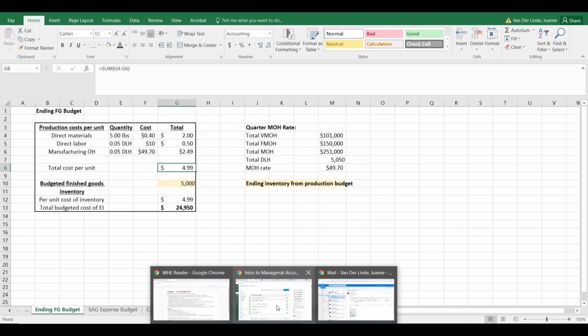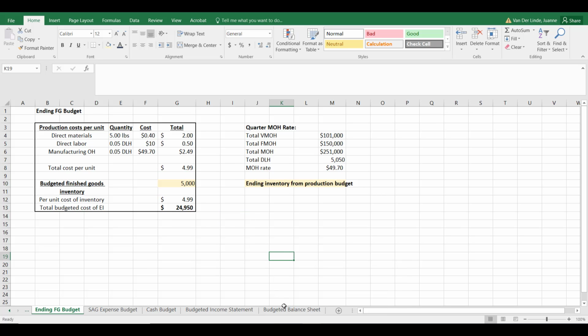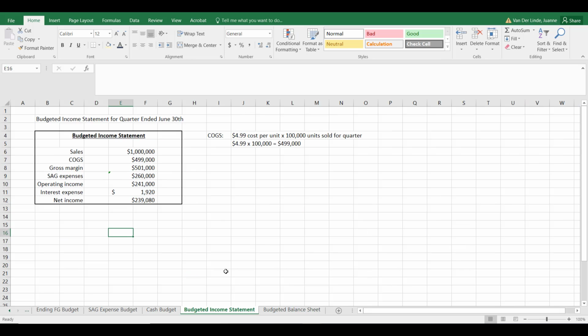And if I know how many units I budget to sell, which is 100,000 units, we can take the $4.99 cost per unit of finished goods times the 100,000 units I estimate I will sell for the entire quarter to get $499,000 of cost of goods sold for the entire quarter. So we take that $1 million of sales minus cost of goods sold of $499,000. That gives us a gross margin of $501,000.